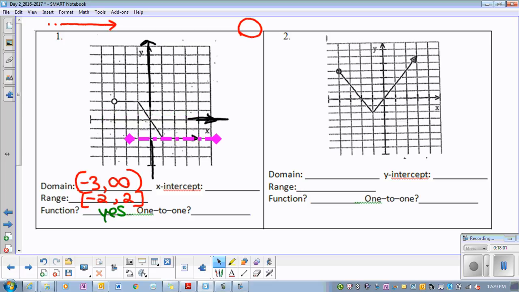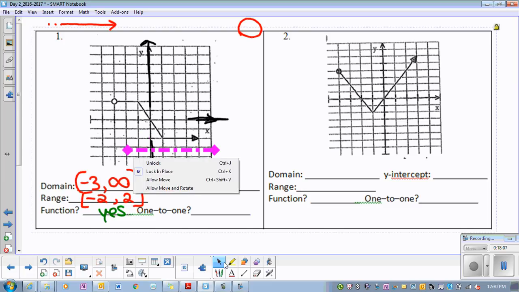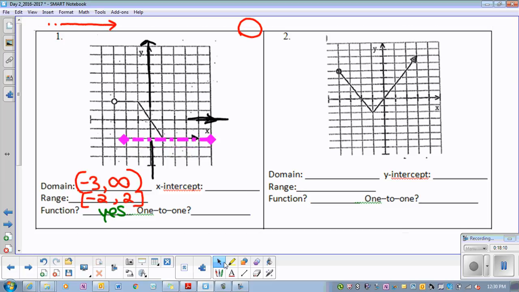But when you get down to this, at -2, well, that one doesn't work because this graph is hitting this horizontal line right here, here, and all of these places. Does that make sense? And same thing with the +2. Good. So then is this one-to-one? No. Does that make sense, guys?